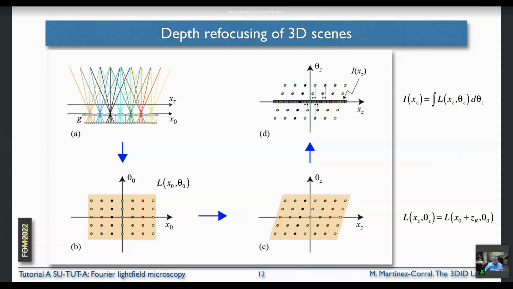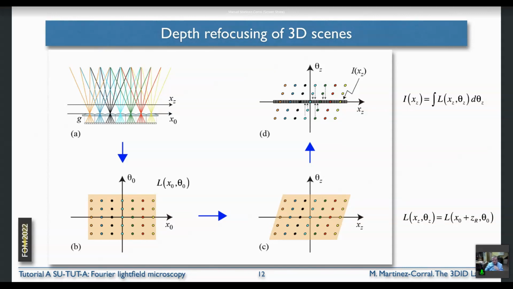And now from these pixels, we can obtain the plenoptic function. For example, this vertical row, the blue row, corresponds to this elemental image. The green row corresponds to this elemental image.